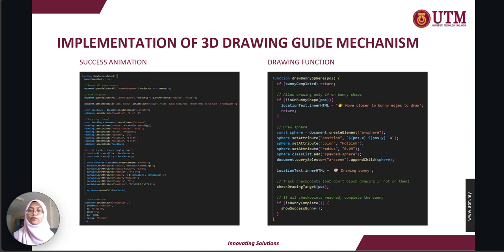If it's not close to the shape, the text will show "move closer to the shape edge to draw". And only if it is not yet complete and the hand is close to the shape, only then the drawing can appear. And then it will check the drawing, whether all checkpoints have been hit or not. Once the checkpoints are hit, it will trigger the success.